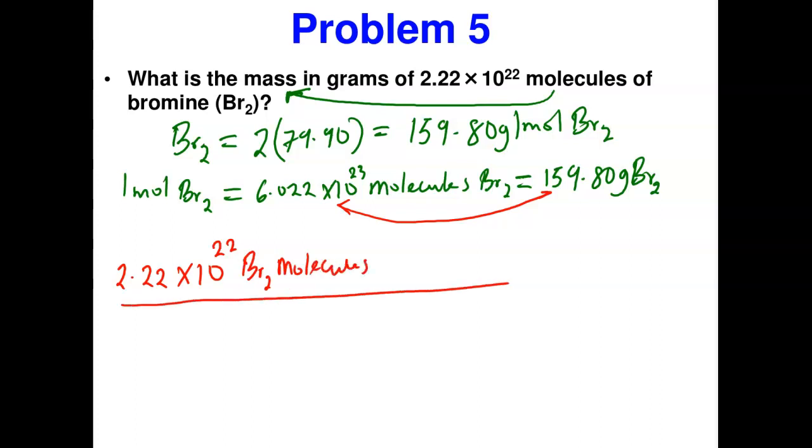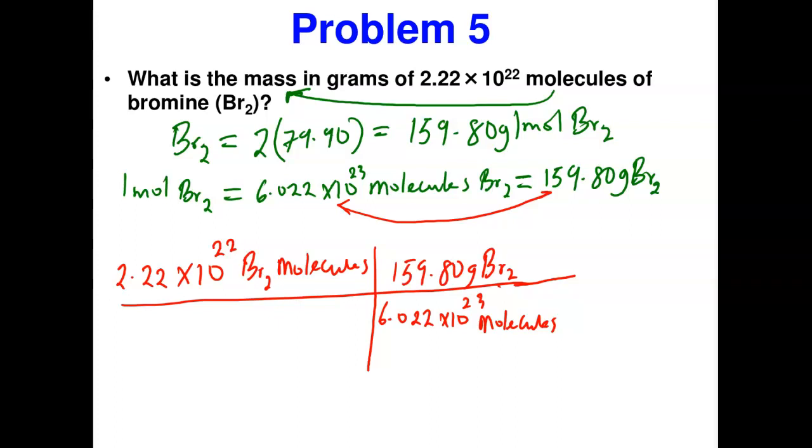And then now again, I'm going to multiply this. Since I want to take away the molecules, what am I going to use? I'm going to put this down. So this will be 6.022 times 10 to the 23 molecules. And then on top, I'm going to have what? My molar mass, 159.80 grams of bromine.